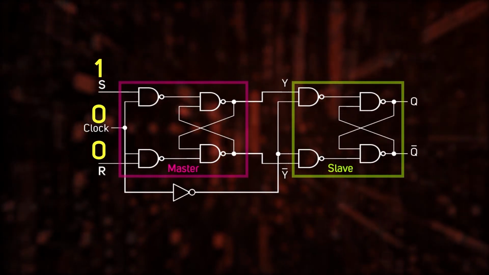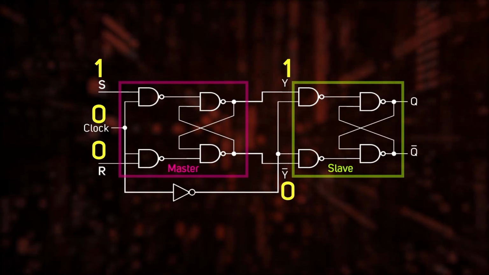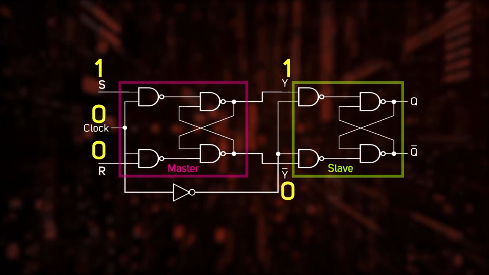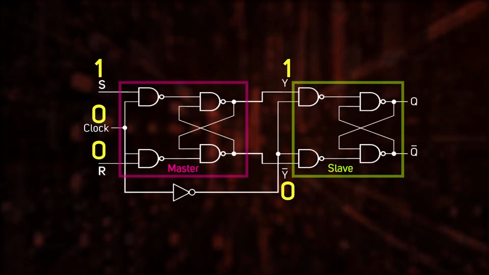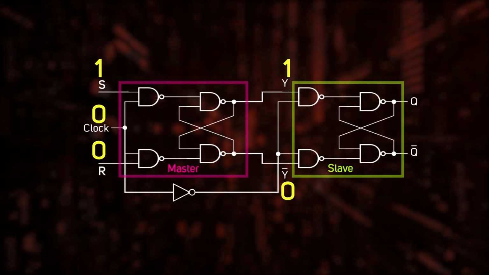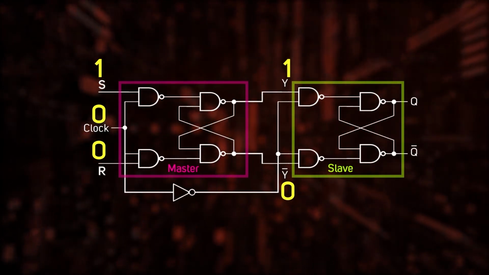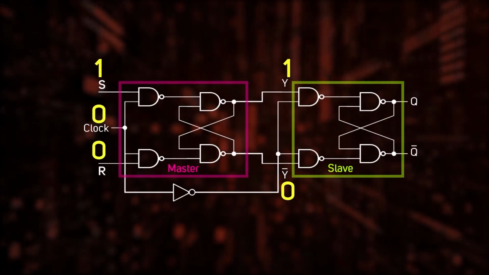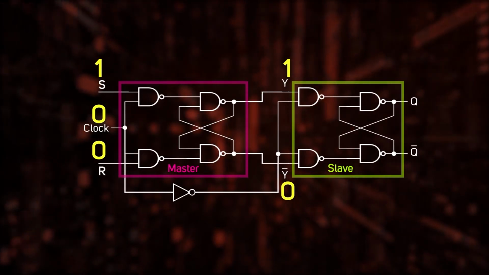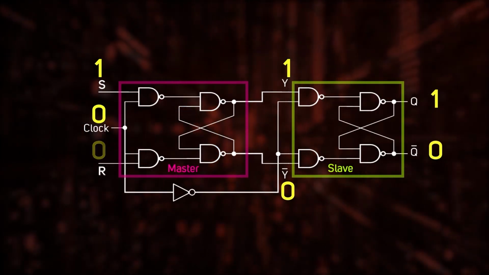The outputs of the master flip-flop, Y equal to 1 and Y dash equal to 0, turn out to be the inputs of the slave flip-flop, that is S equal to 1 and R equal to 0 for the slave. Then we can make out the output of this slave flip-flop. It will set the flip-flop and turn the external outputs Q to 1 and Q complement equal to 0.